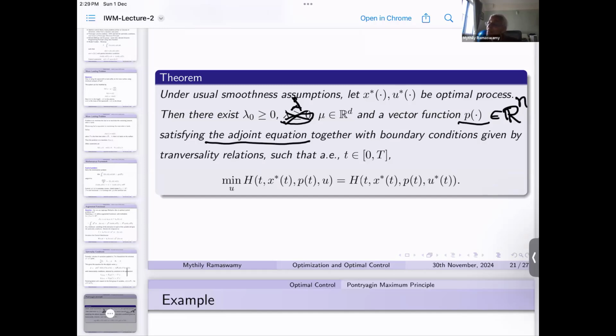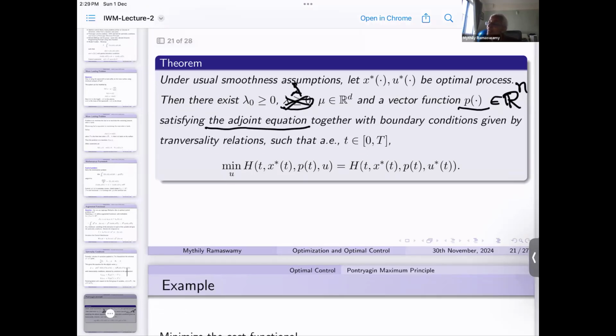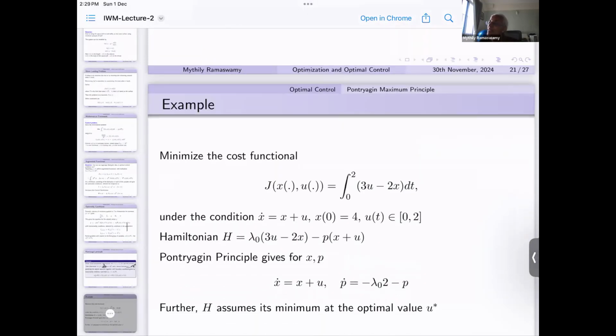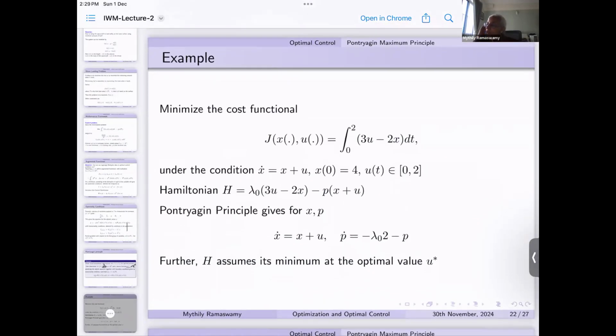Now, the thing is, how do we use it? We'll try to see in a simple example. So I've taken a linear equation once again. I have a cost functional J of x, u.